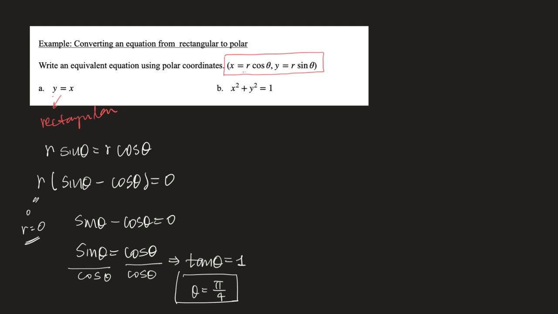Another one is x squared plus y squared. You're gonna plug in the x value and y value here. x squared is going to be r cosine theta squared, plus r sine theta squared, equal 1. So r squared cosine squared theta plus r squared sine squared theta is 1.